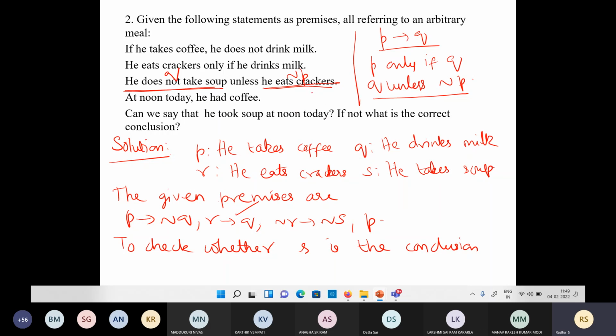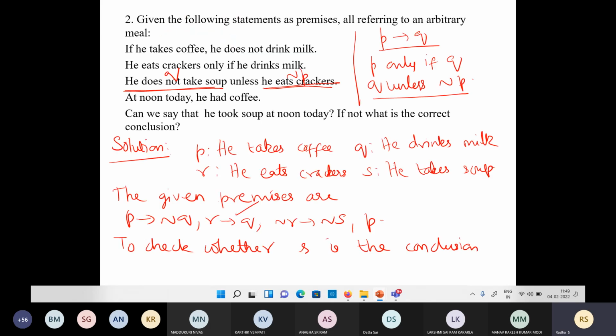He does not eat crackers. That means not R. Then what is Q here? Q is he does not take soup. But here what is the symbolization? He takes soup is S. He does not take soup is not S. So not R tends to not S, comma P. So we have to use all these four statements and derive the conclusion.